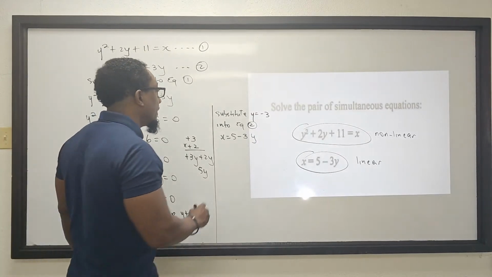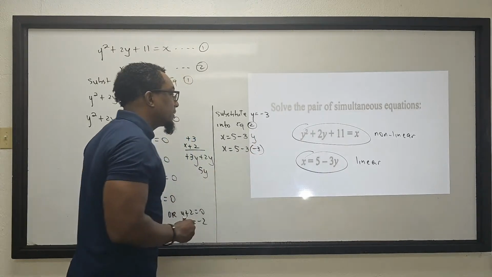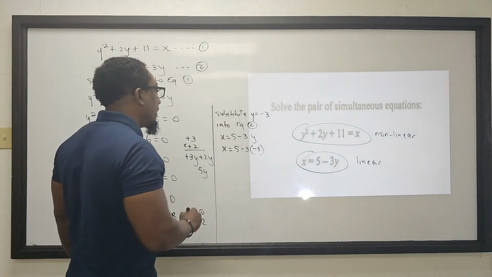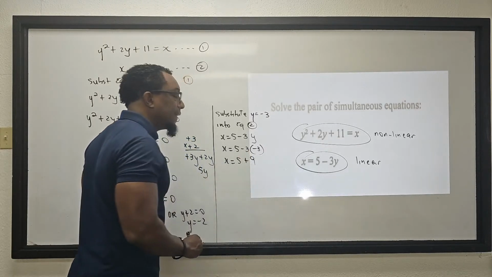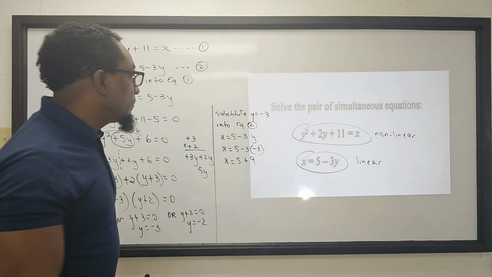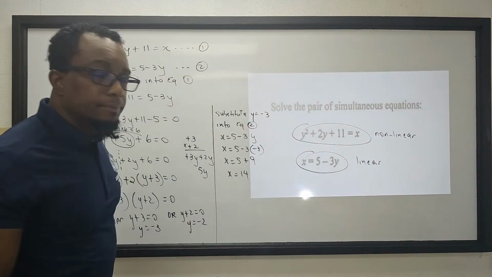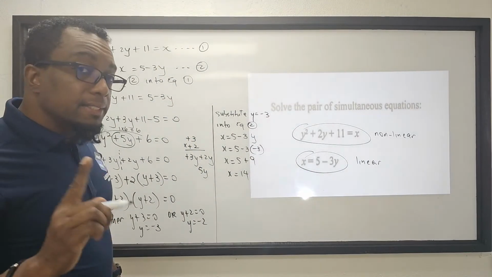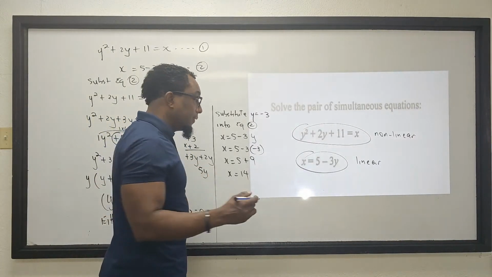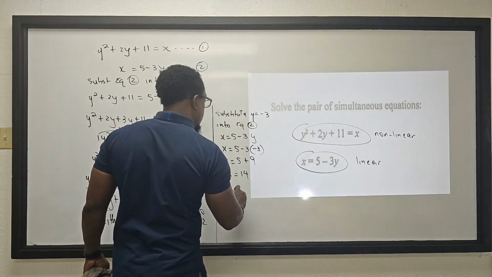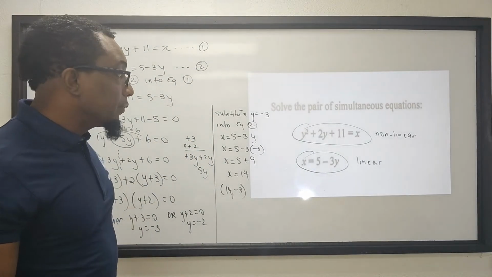So this becomes x is equal to 5 minus 3 times negative 3 in brackets. Negative 3 by negative 3 is positive 9, so x is equal to 5 plus 9, and this will give us x is equal to 14. So the coordinates of the first point of intersection will be 14, negative 3. Alright, so that's one point of intersection.